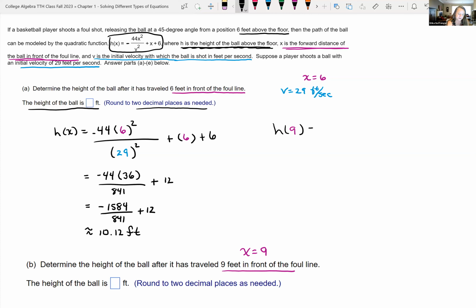This is equal to negative 44 times 9 squared all over 29 squared. That piece has not changed. Plus x here, we're plugging in 9, plus 6.